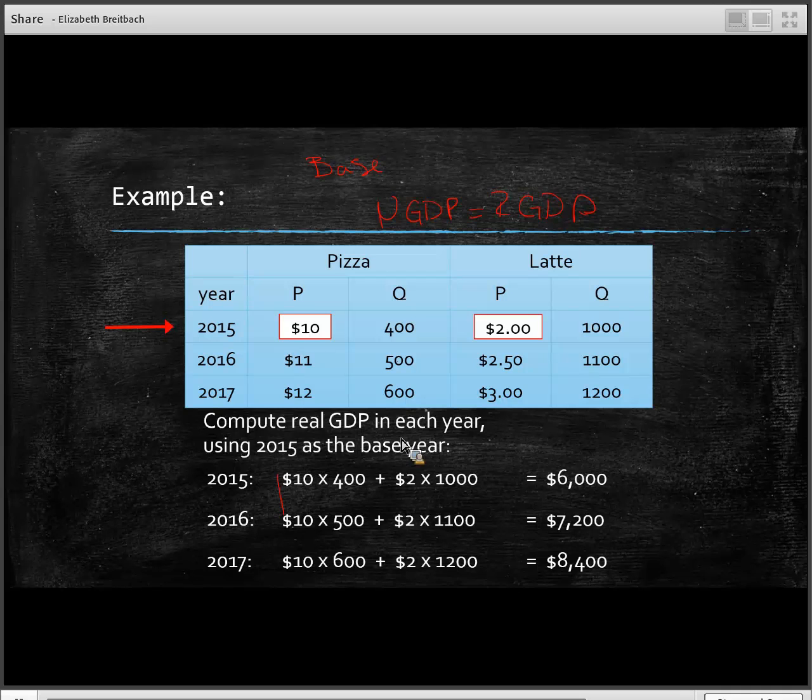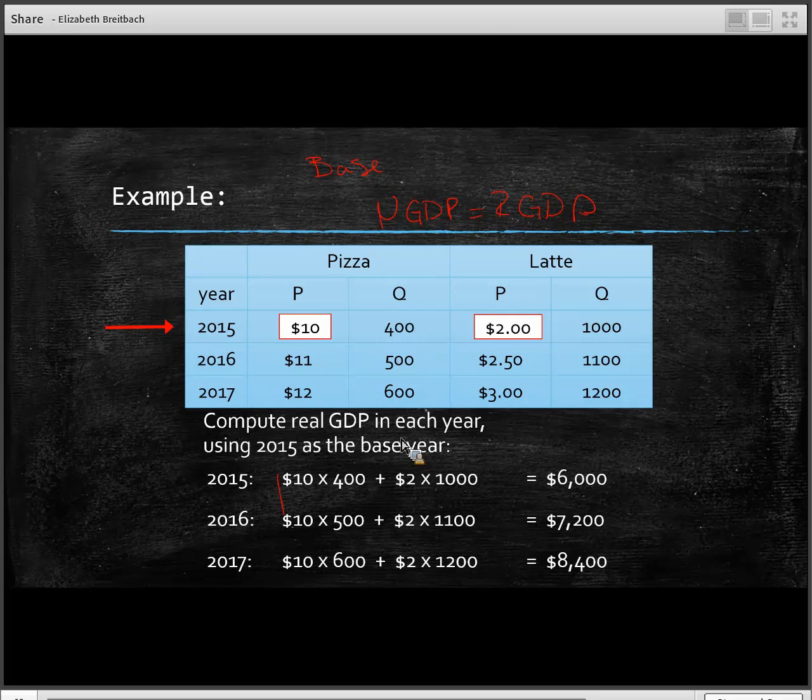All right, then when we move to 2017, again, we're going to use base year prices, so $10 and $2 stays exactly the same. Then we use the current year's quantities, so 600 and 1,200. So 10 times 600, 2 times 1,200, and again, we see that this real level of GDP is less than the nominal.